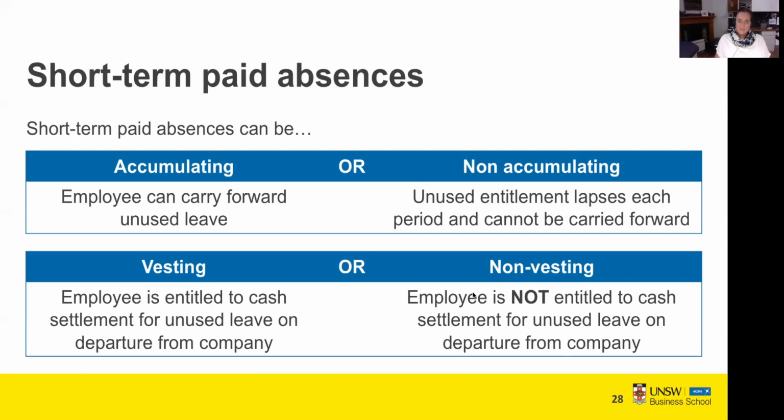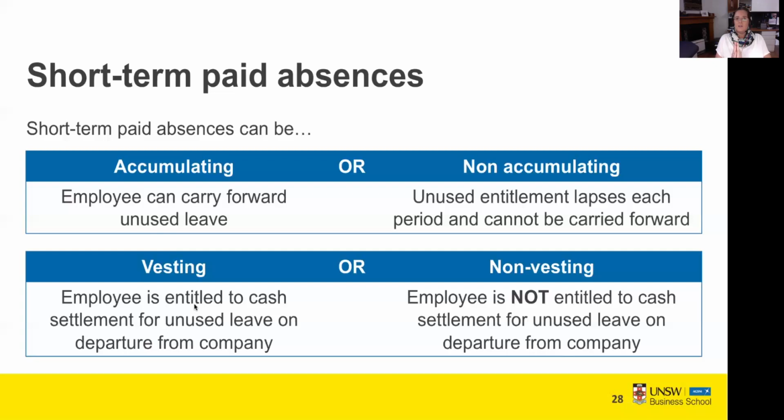The second condition or characteristic that can apply to short-term absences is that the leave can be either vesting or non-vesting. If leave is vesting, it means that in the event that I resign to go and work somewhere else, any unpaid entitlements would be paid out to me when I leave the company.